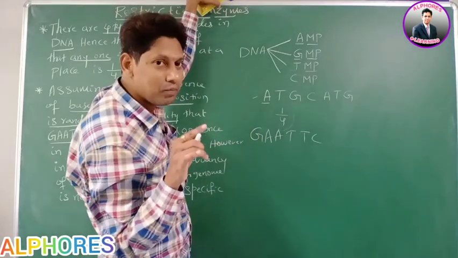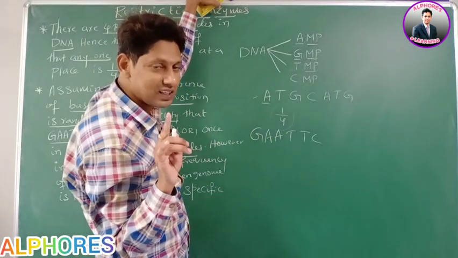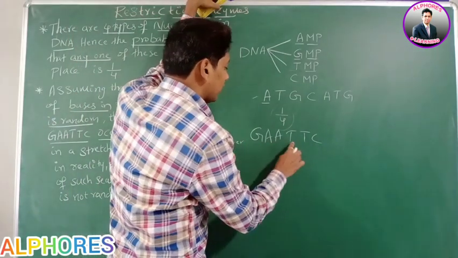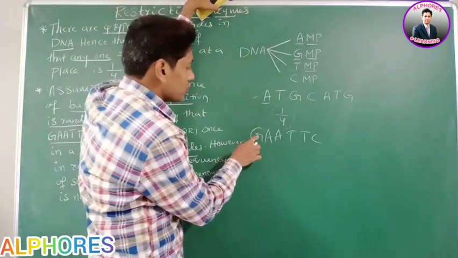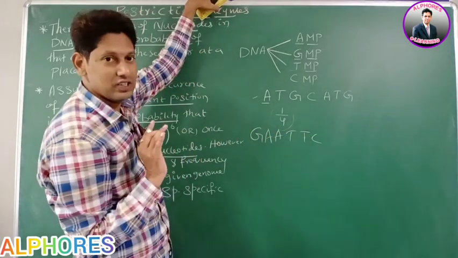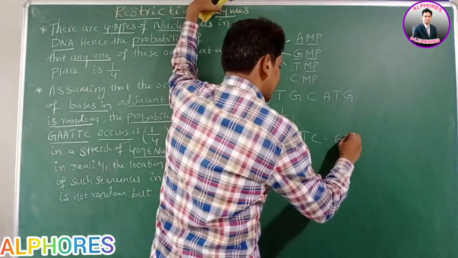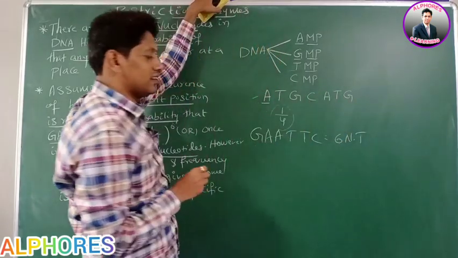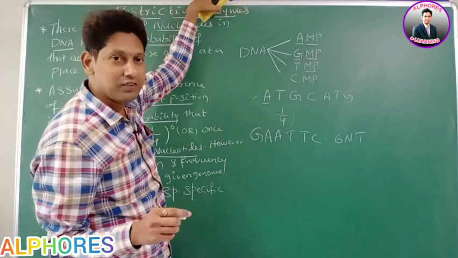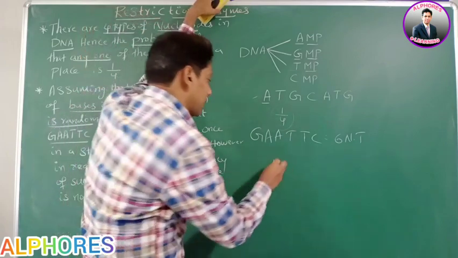I am asking the number of nucleotides, not the types of nucleotides. In this sequence, 1, 2, 3, 4, 5, 6. 6 nucleotides are there.